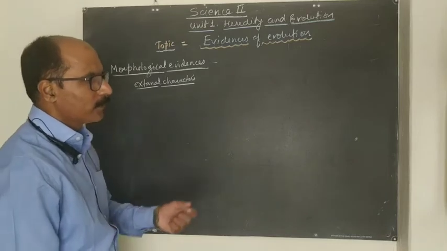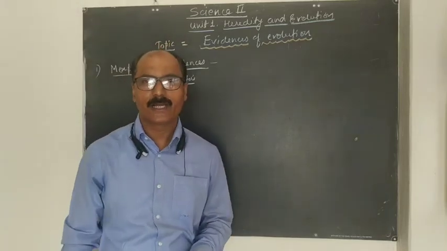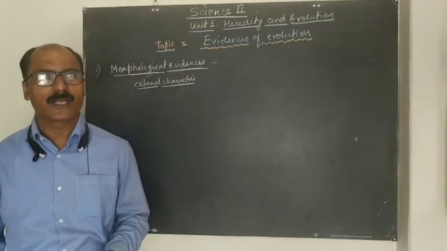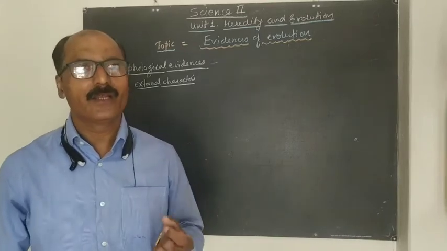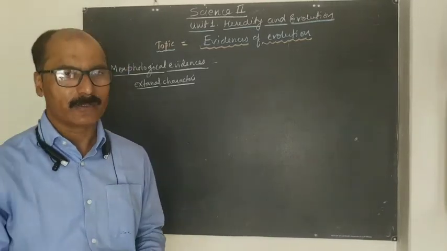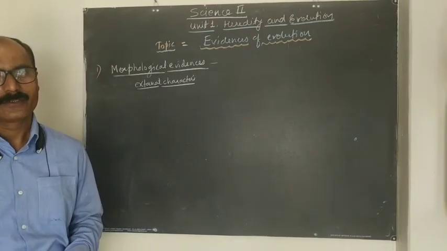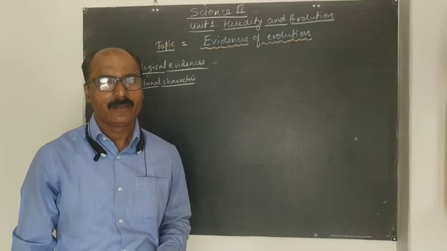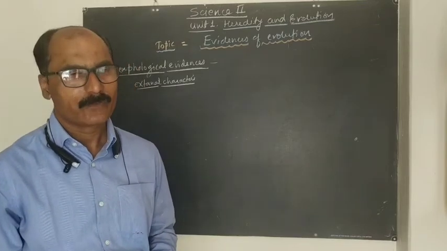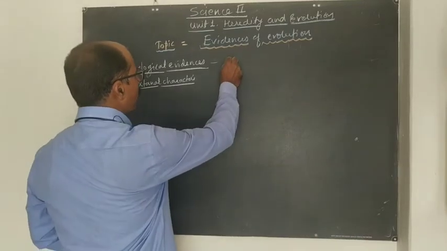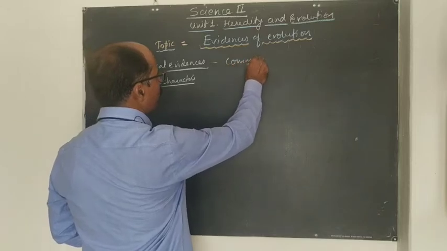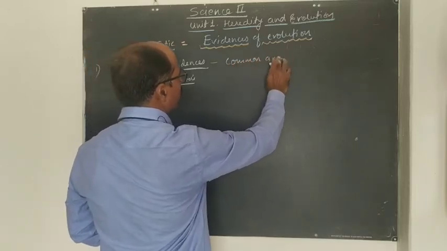Similarly, the 3 pictures of plants show the same features like leaf petiole, leaf lamina, fruits and flower. This again indicates that all the plants might have evolved from a common ancestor. They advocate the point of common ancestry.